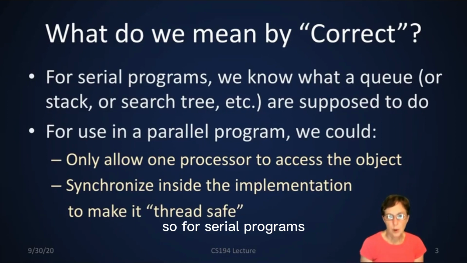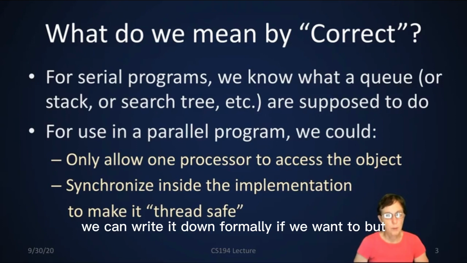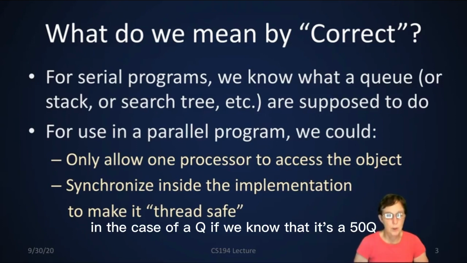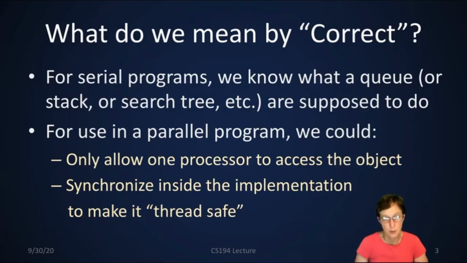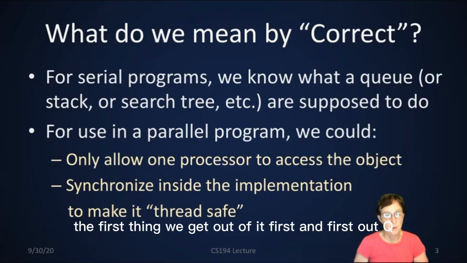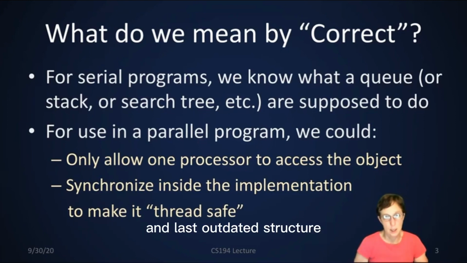So for serial programs, we know sort of what it means for a queue to be correct. We can write it down formally if we want to, but in the case of a queue, if we know that it's a FIFO queue, we know the first thing we put into it should be the first thing we get out of it, a first in, first out queue. We know that a stack is a first in, last out data structure.